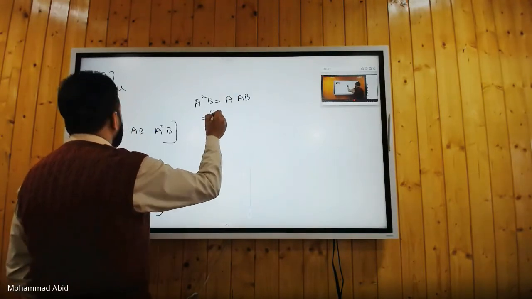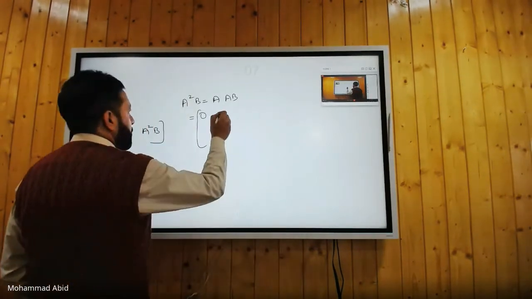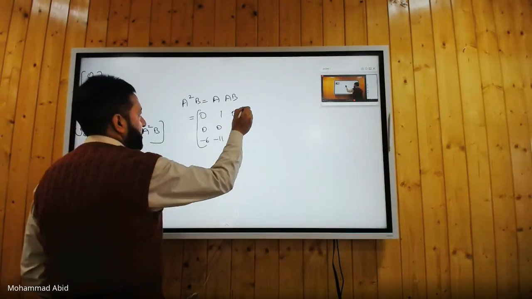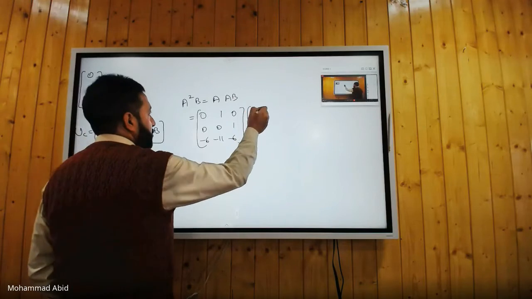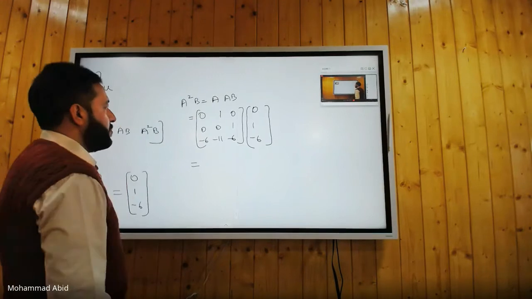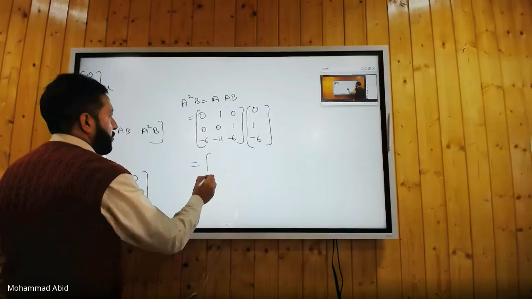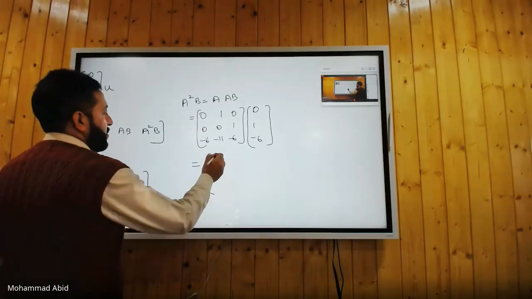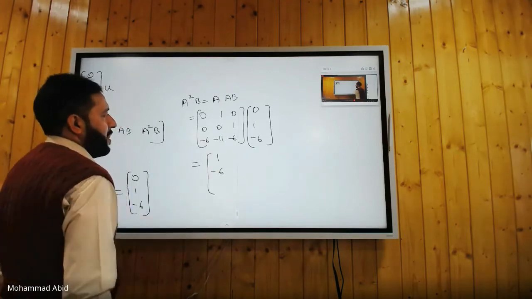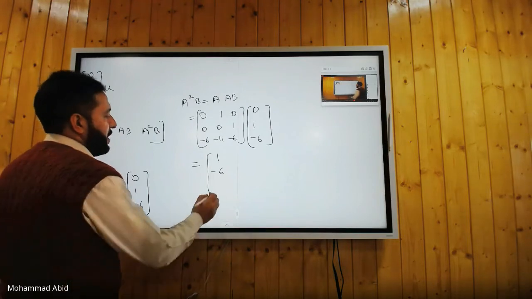So your A is [0 1 0; 0 0 1; -6 -11 -6], then multiplied by AB, which is [0 1 -6]। ठीक है ना? सही है? So what will we get this as? This will be 1, then minus 6, and then minus 11 plus 36, that's 25। Is that okay?